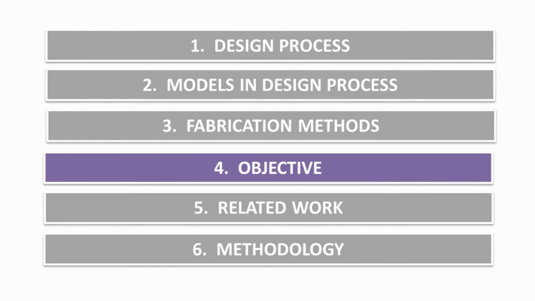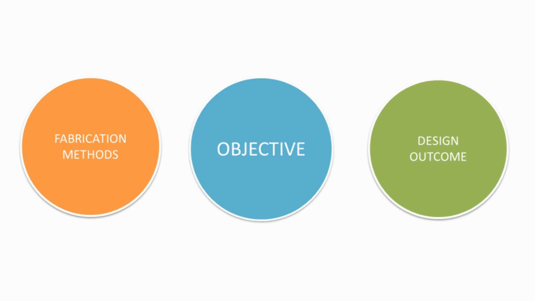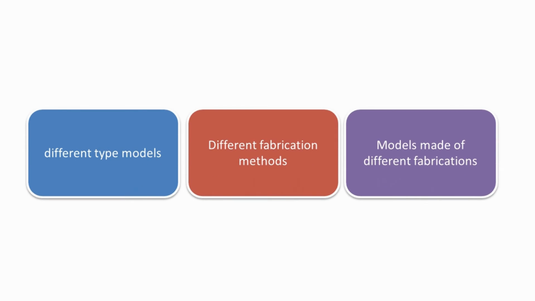So, for answering these questions, the objective of this study is to find out the relation between fabrication method and design outcome. The relation features include different types of models, model discrepancy by using different fabrication methods to build, and different fabrication methods for making models.